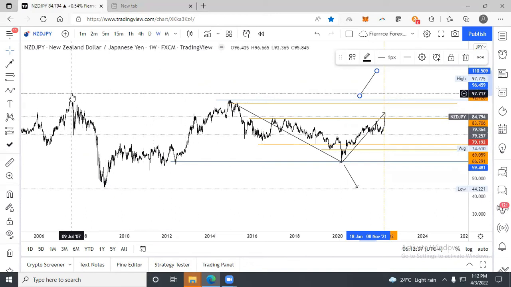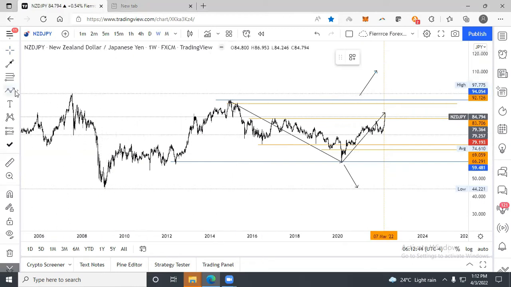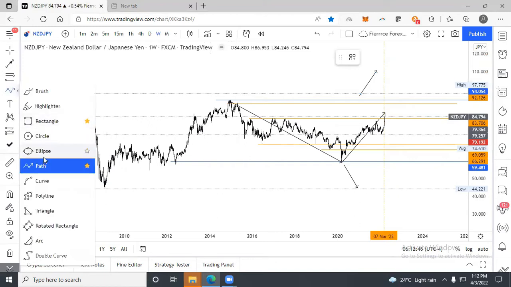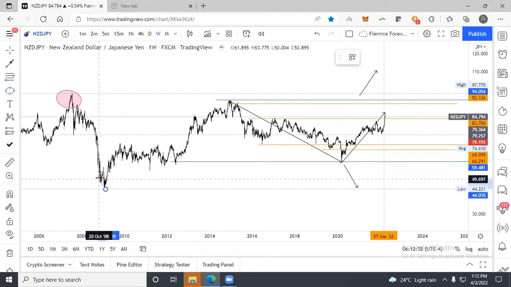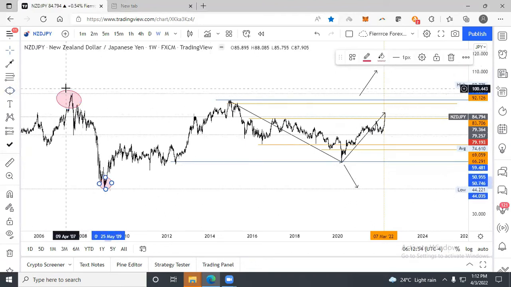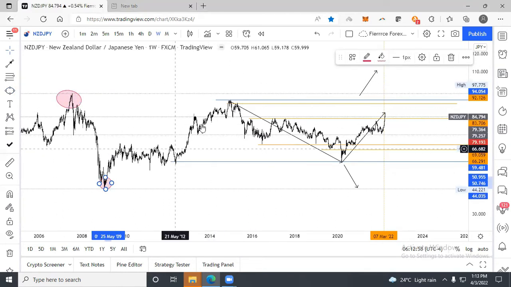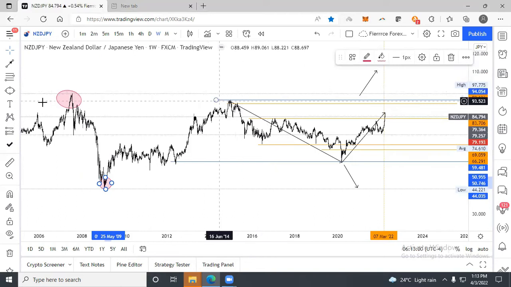And if you look left again, there was this swing high that formed this swing low. Had we taken out this swing high to the left, we'd still be very bullish, but we didn't.